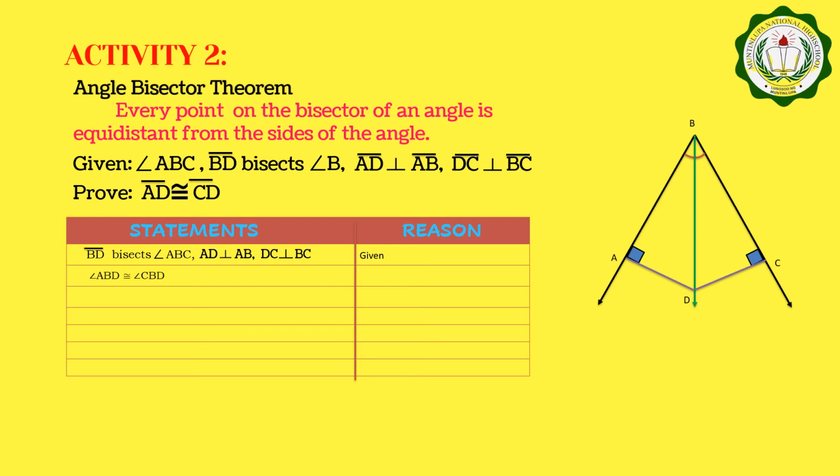The reason is definition of angle bisector. Also, we can say that angle BAD and angle BCD are right angles. So the reason is definition of perpendicular lines. If angle BAD and angle BCD are right angles, then we can say that they are congruent. So our reason is all right angles are congruent. Segment BD is congruent to segment BD by reflexive property.